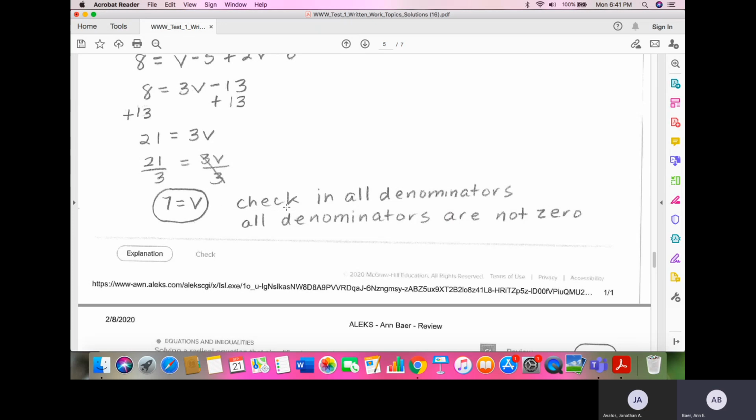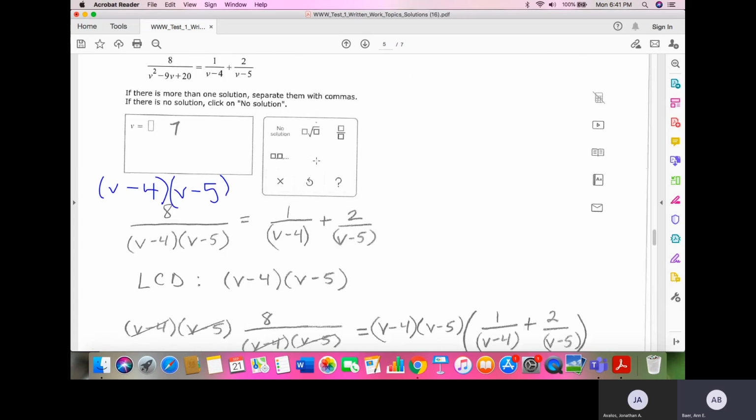Now it's important that you check that whatever you get for an answer is a possible solution. It is possible for rational equations to get a possible solution that makes a denominator 0. So you want to make sure that whatever you get does not make a denominator 0. So we got a 7.